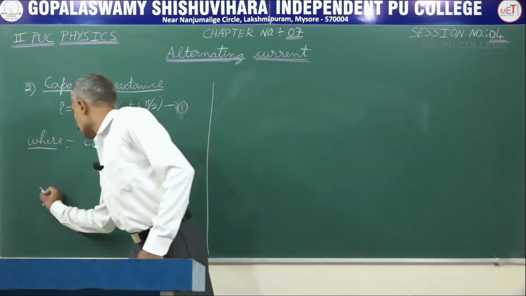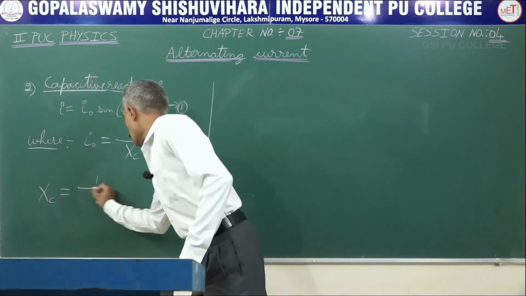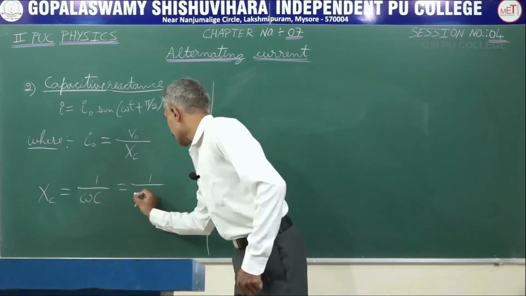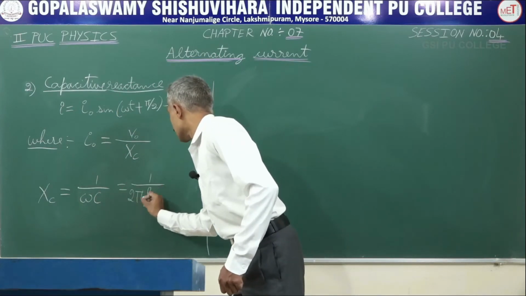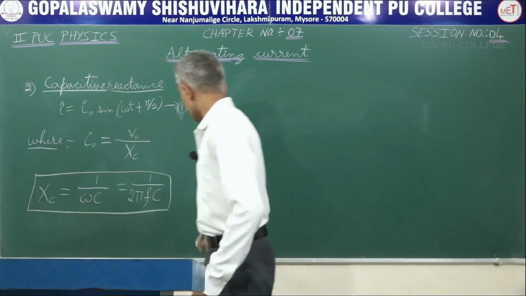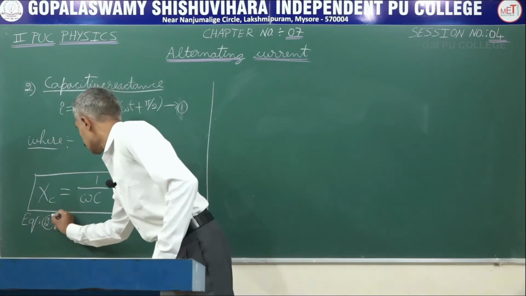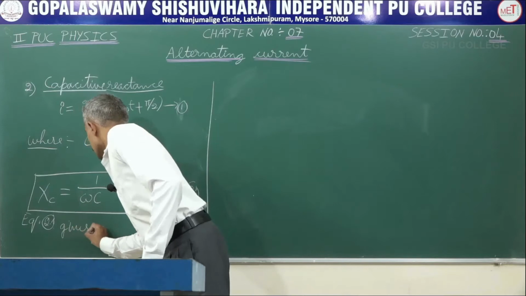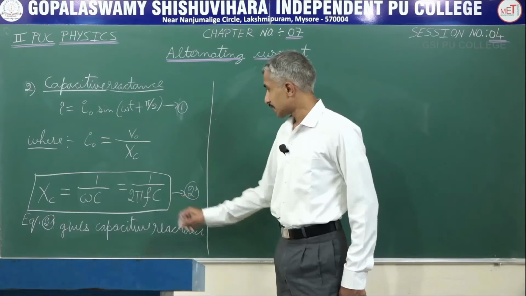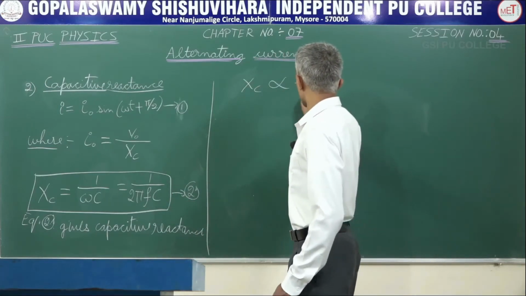This XC is nothing but the capacitive reactance and here it is 1 by omega into C. 1 by omega C is 1 by 2 pi f C. This equation gives capacitive reactance. From this formula I can tell capacitive reactance is inversely proportional to frequency.